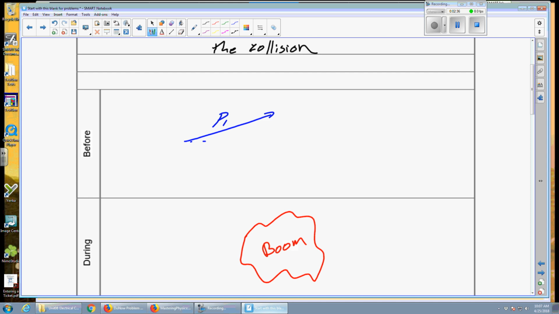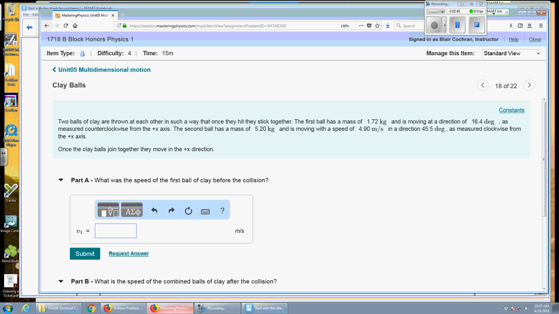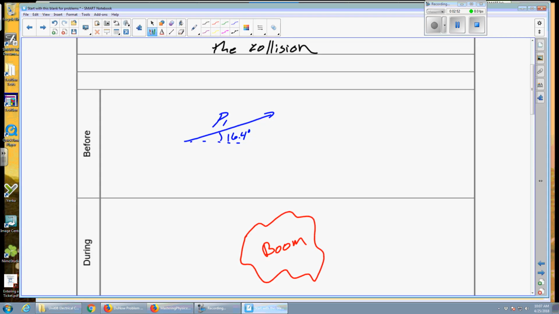And I can even do this and go, oh, that's 16.4 degrees. And then ball number 2, 45.5 degrees measured clockwise from the x-positive axis. So that would be kind of down like this. So that's momentum 2. Right?